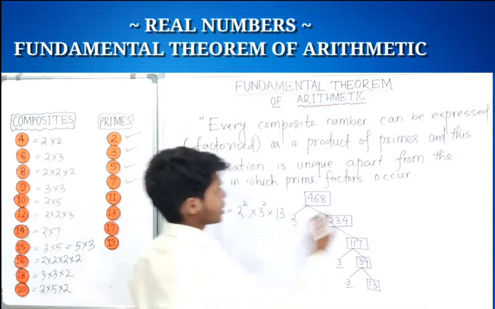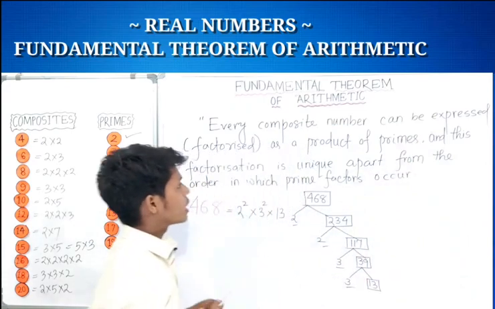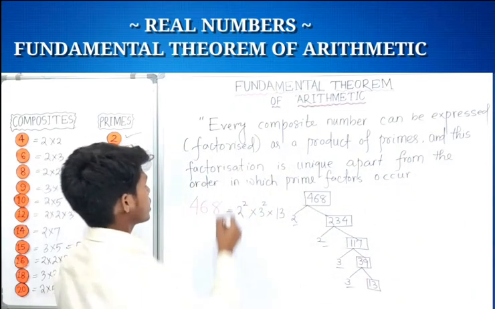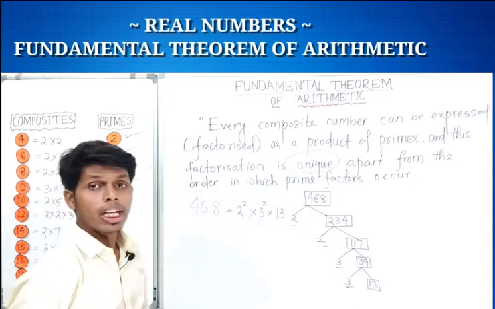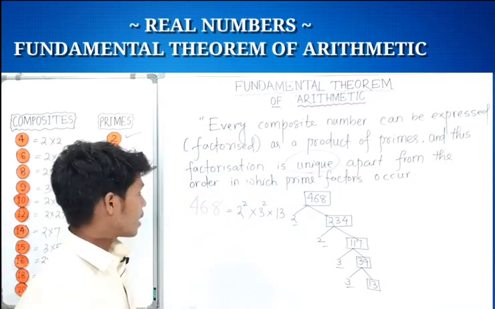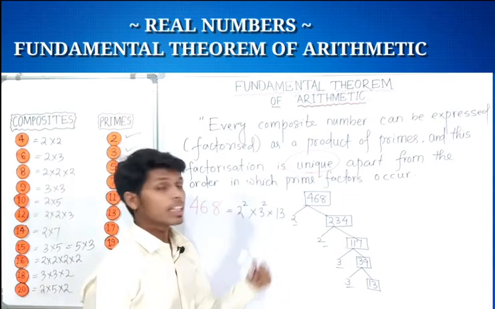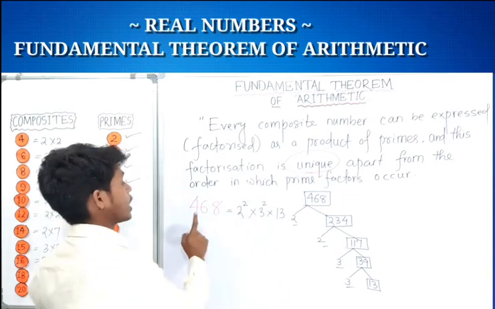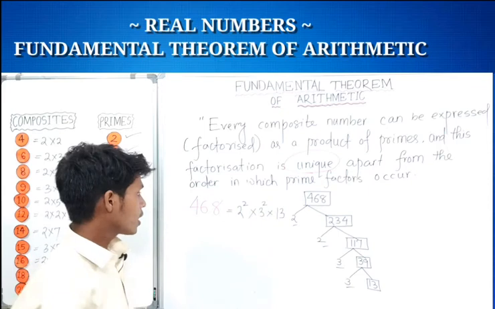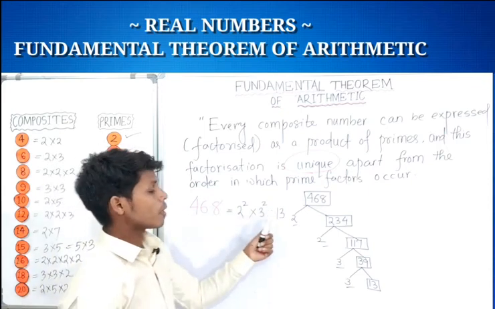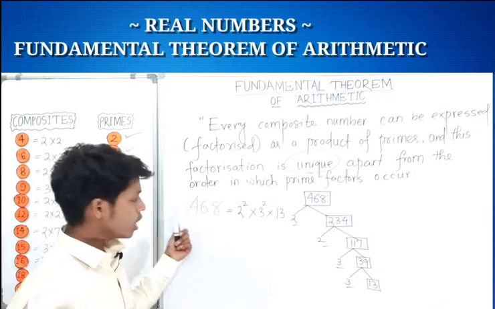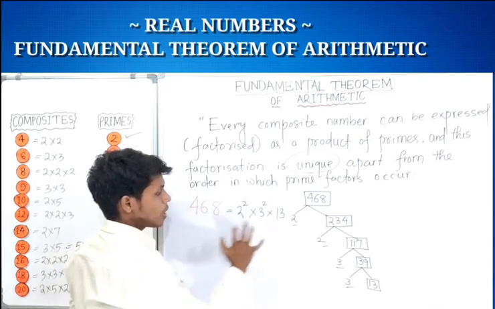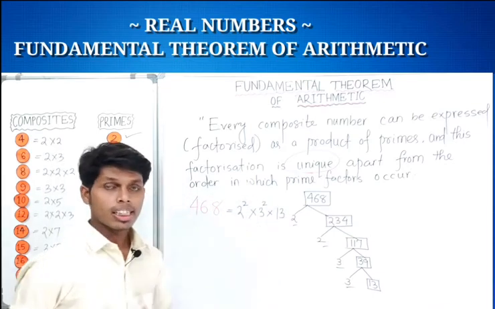So up to this it's clear. Now it is written this factorization is unique. This factorization is unique means if you multiply 2 two times, 3 two times and 13 to them, then you will always get 468. It's very clear, because there are no other numbers we are changing, so we will not get any other composite number. If you multiply these 5 numbers, you will always get 468.